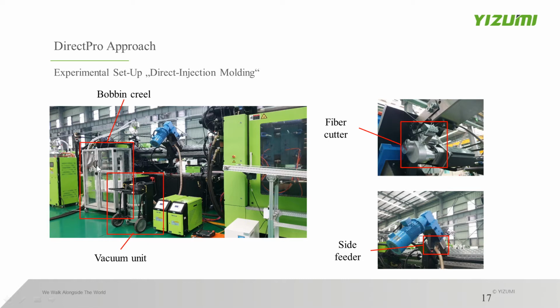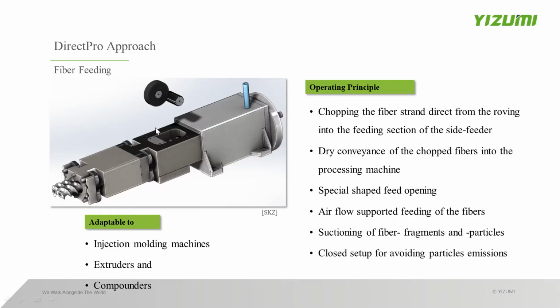Here is something not mentioned on the last page. This is the roving creel. It's storage for the roving, and we can monitor the fiber level. Here is the airflow or vacuum unit, which gives support for the side feeder. Here is the small one, the black one.